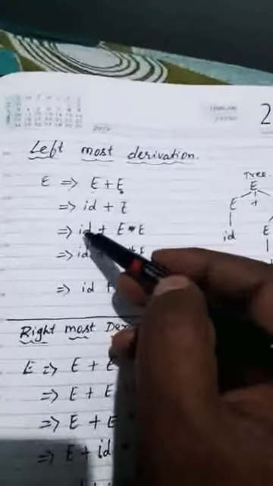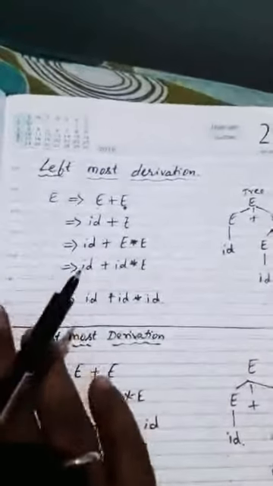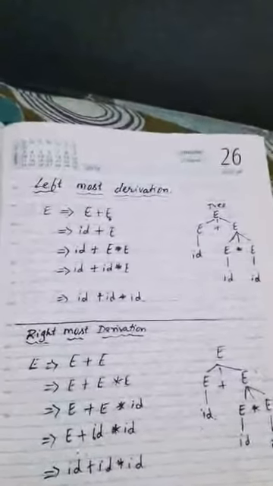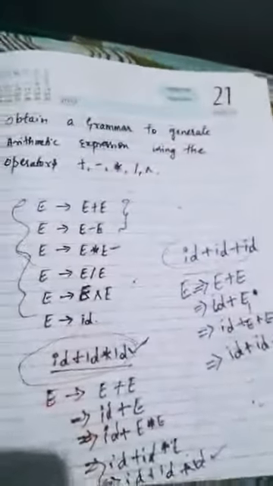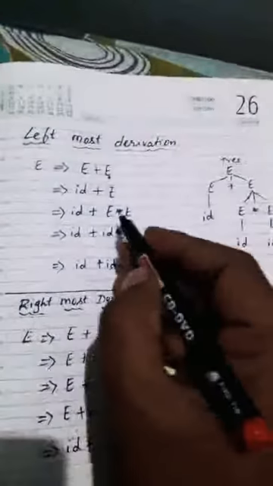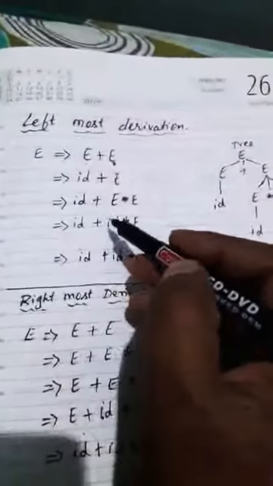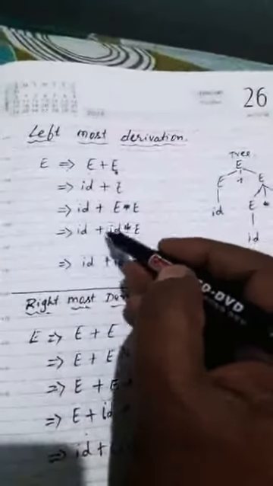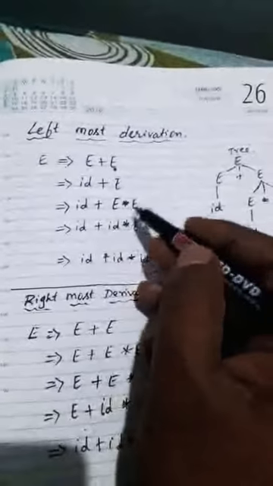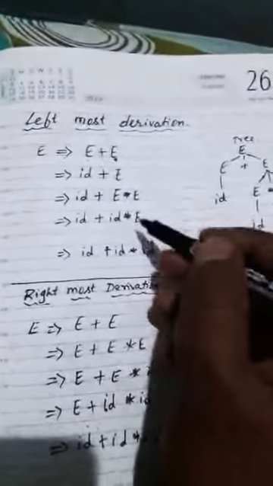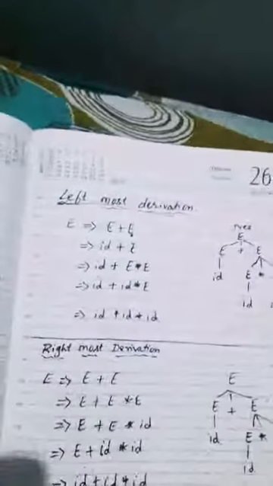Next, ID I have taken, and this E is replaced with E into E. Then the leftmost E I will replace with ID, and the rightmost I will keep as it is. In the next step, I will replace this ID also. So we have done the leftmost derivation that we have seen in the example.